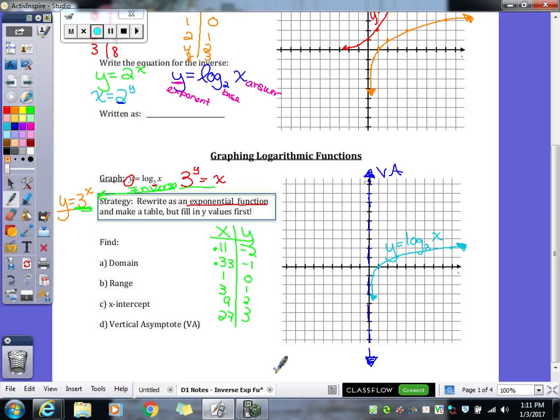X will always be positive, so how do we write that for our domain? X is greater than 0. It'll never equal 0 because of the asymptote, but it'll always be greater than 0. Then for our range, can we get every single y value possible? Yep. So our range would be y is an element of the reals.